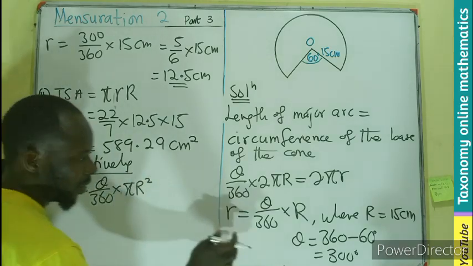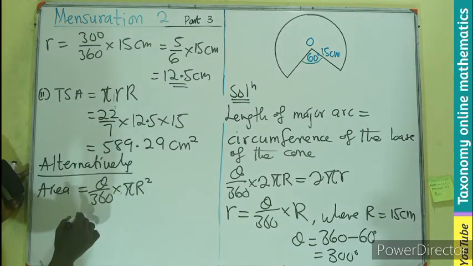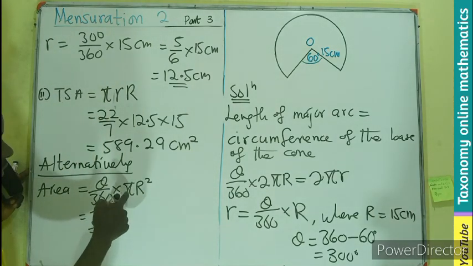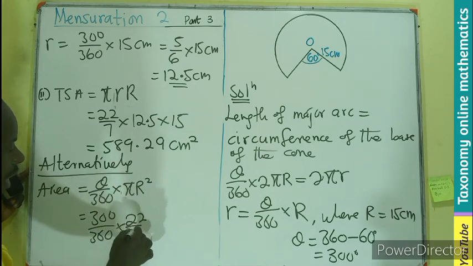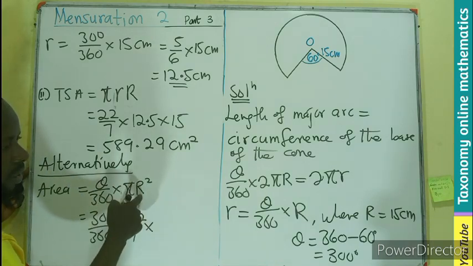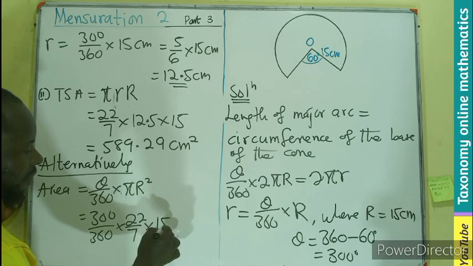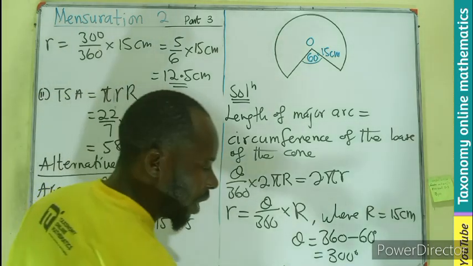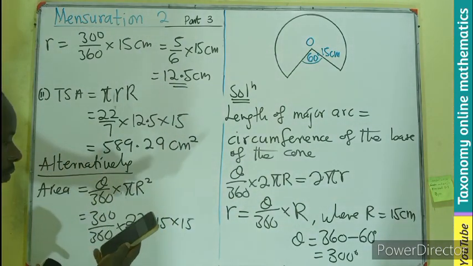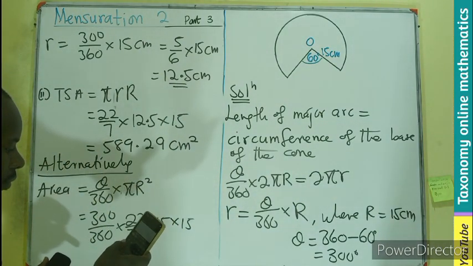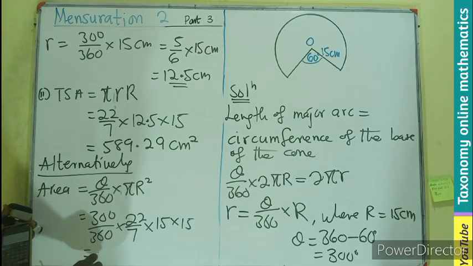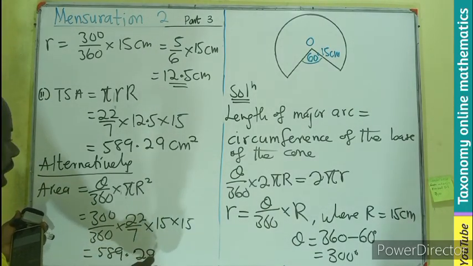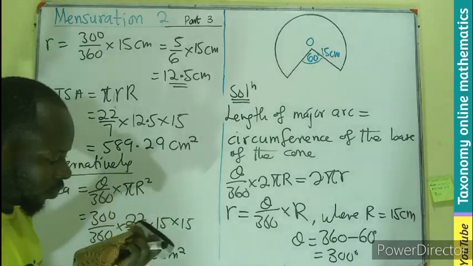So what is the theta? We had it to be 300. So 300 out of 360 times pi, 22 over 7, times 15 times 15. Let's do that calculation and see. When you do that, you will still get your 589.29 centimeters squared.